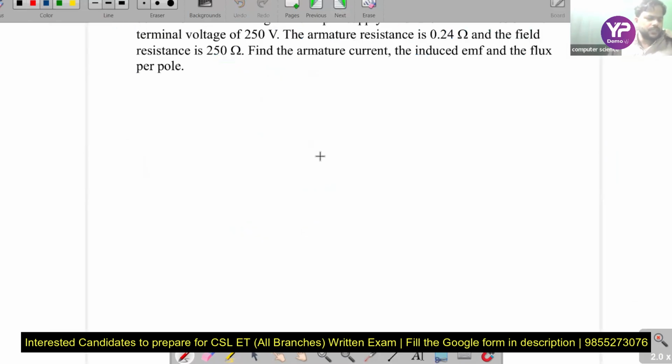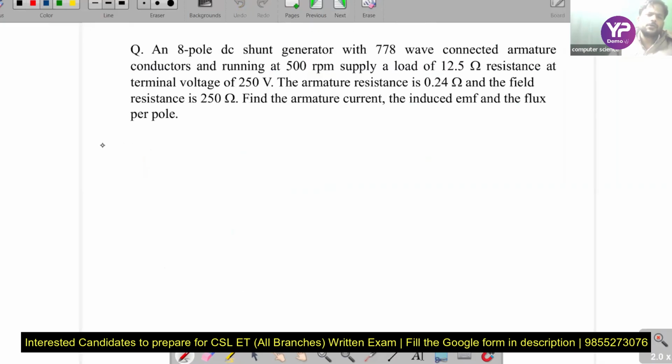Now we solve the next question. Next question is an 8-pole DC shunt generator having 778 wave connected armature conductors.